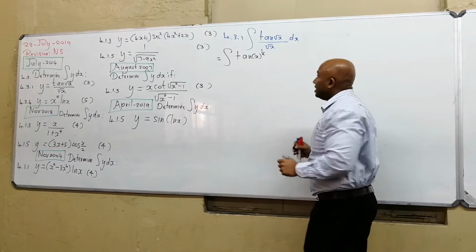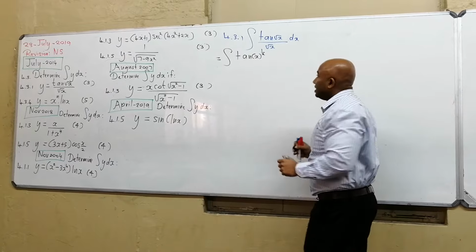In this case, the f of x here is x to the power half. You're clear with that? So now, when you differentiate, du over dx will be half x to the power half minus 1, which is minus half.